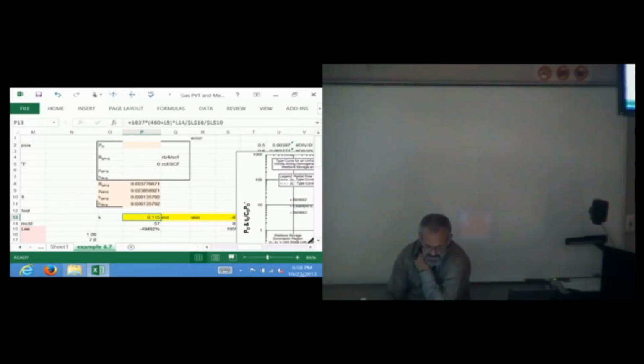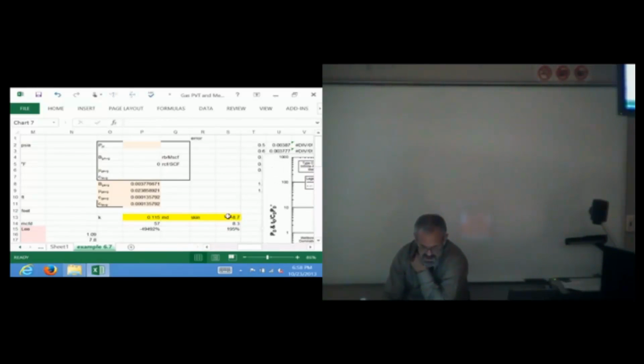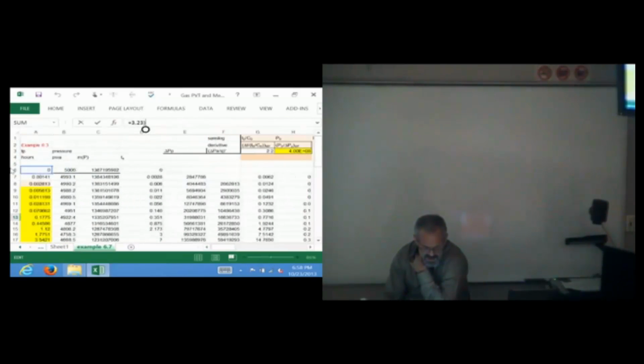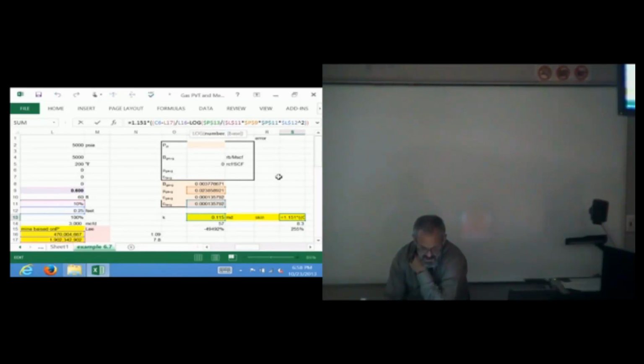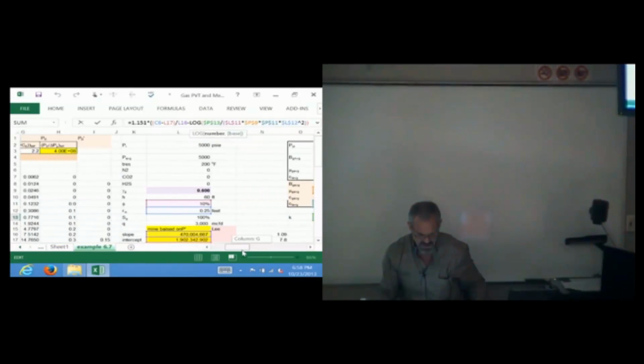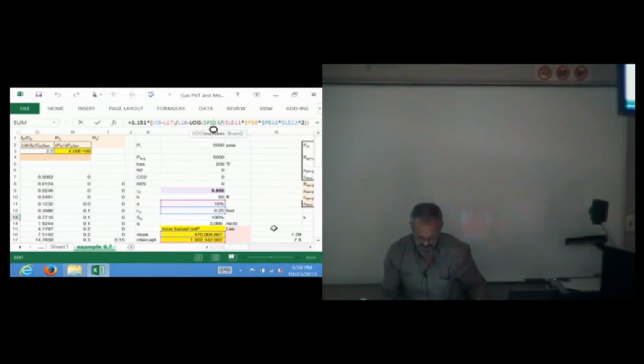Okay. Skin might be good. Oh, but see, I'm missing in this cell a pseudo pressure I. I'm going to grab that because I have a pseudo pressure I. It's right there. And now I got a skin of minus 5.4 using my viscosity, my total system compressibility, my slope, and my intercept.